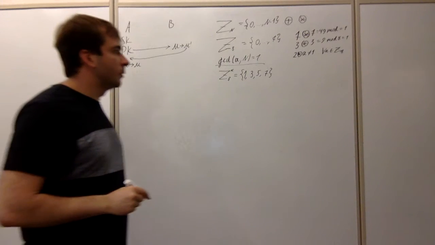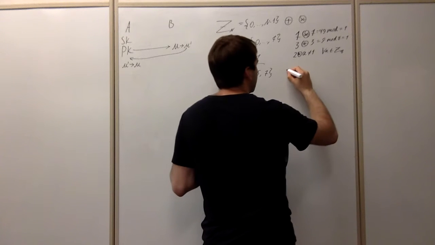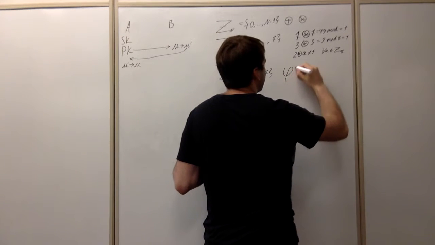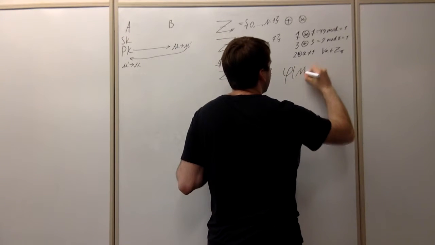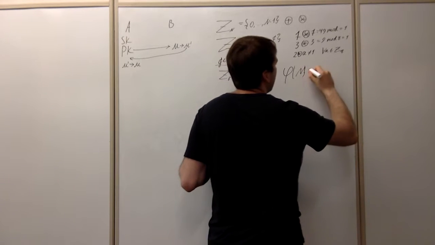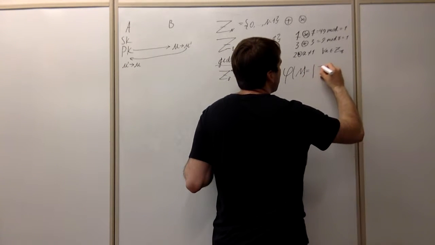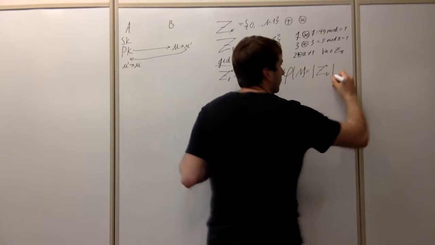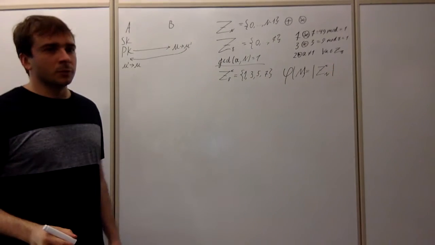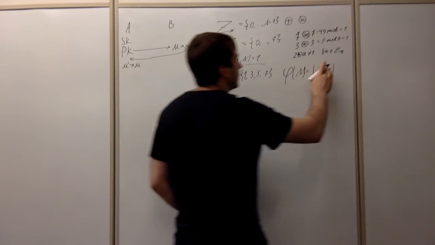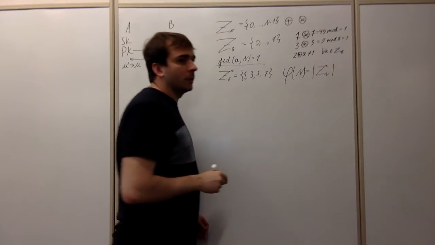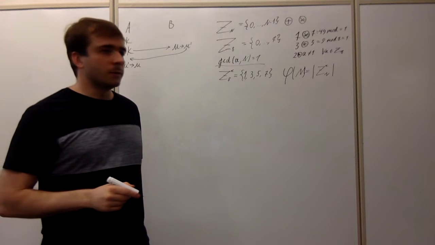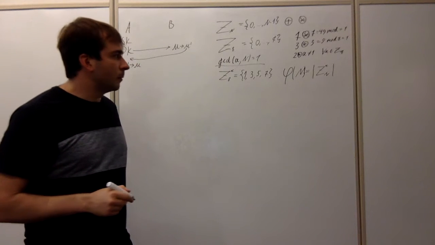Now let's talk about the Euler function. The Euler function is denoted as phi of n, and it's equal to the size of Z star n. In other words, it's equal to the number of revertible elements in the ring Zn.